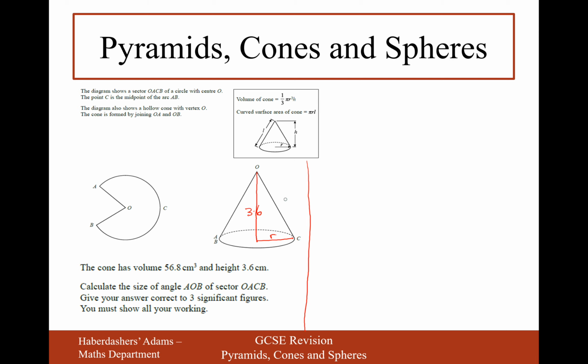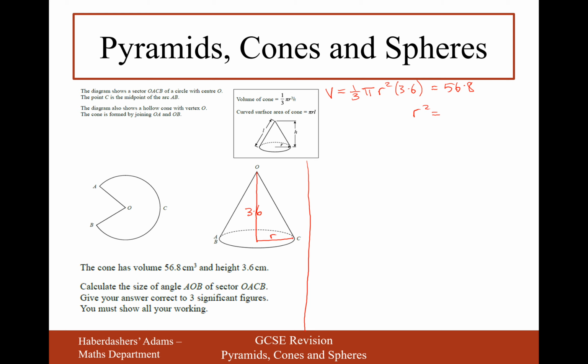We'll work out the radius. We know the volume, so we'll use volume equals 1/3 times pi times r squared times h, and h is 3.6. That will equal 56.8. So let's now start rearranging this. We'll start by timesing by 3, dividing by 3.6, and dividing by pi.